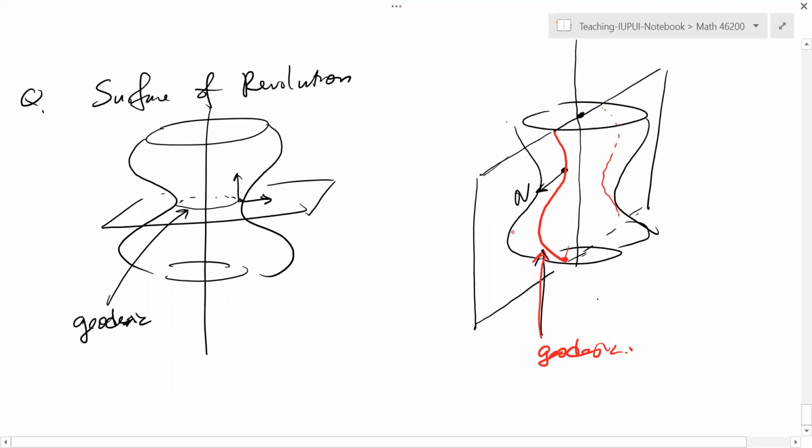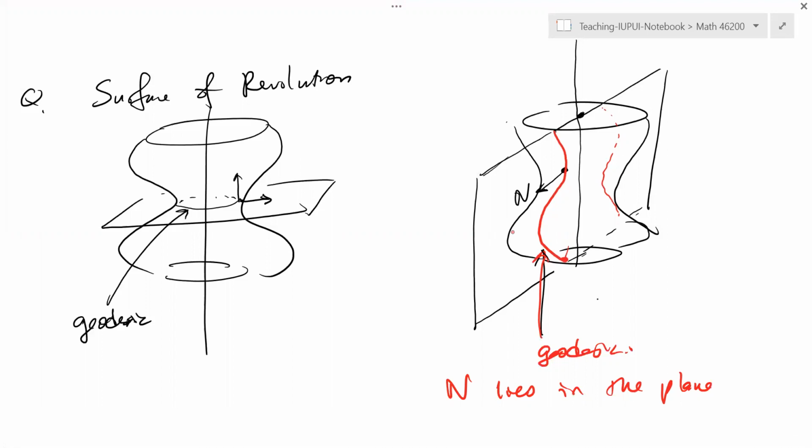Okay, so because the normal vector lies in the plane, of course it's perpendicular to the normal vector to the plane. So that's why the plane is perpendicular to the surface. Two surfaces we say perpendicular to each other because the normal vectors are perpendicular.